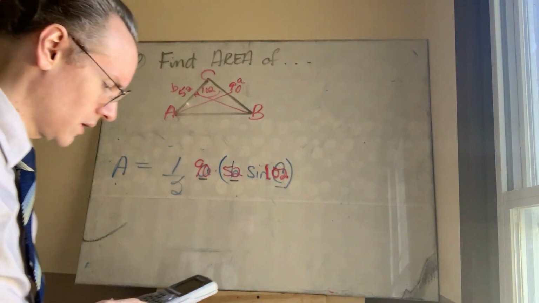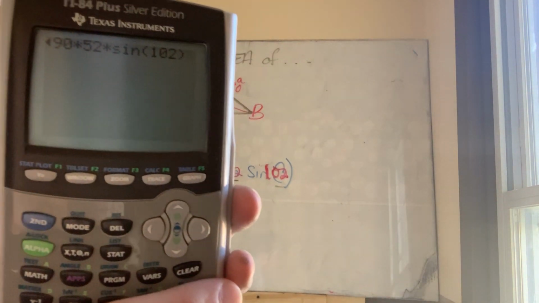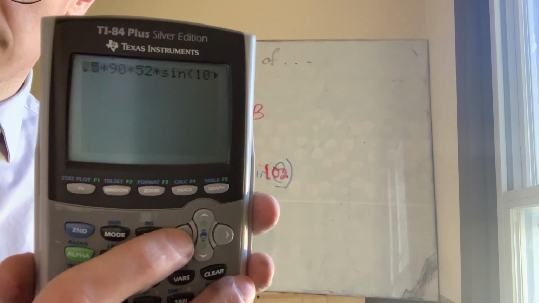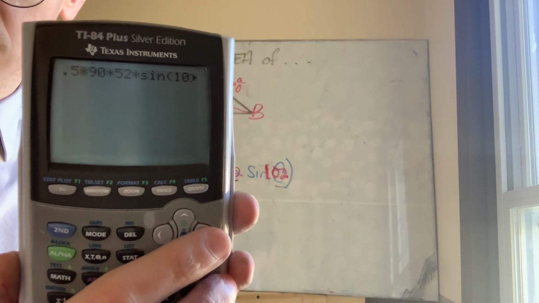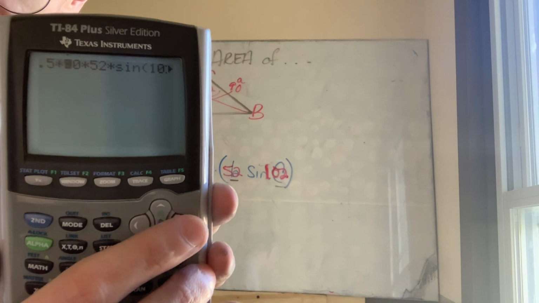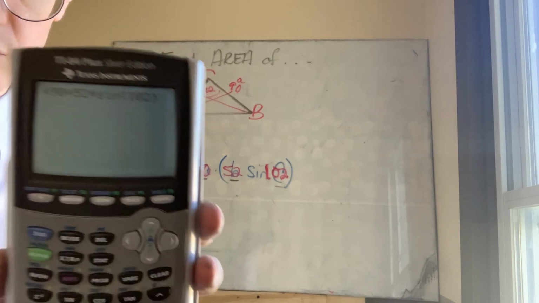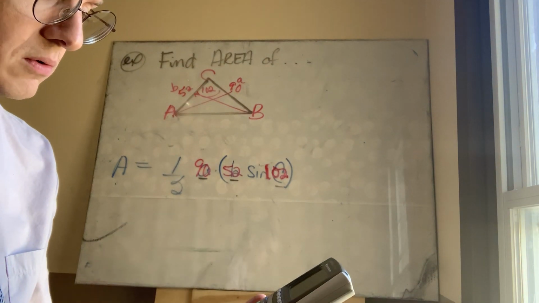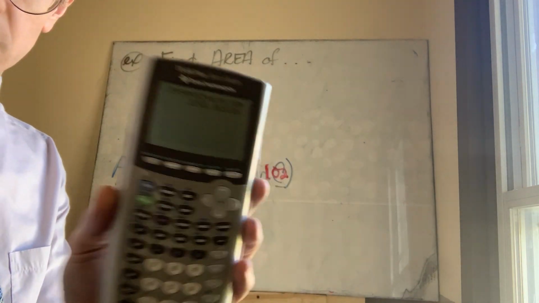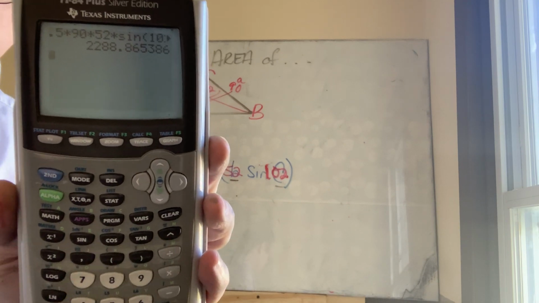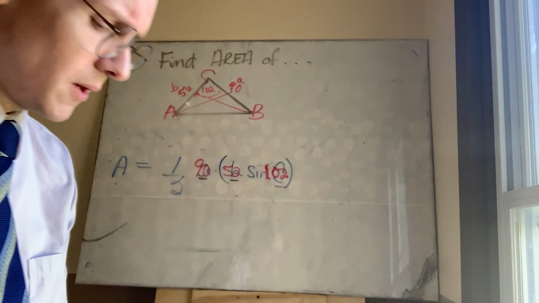You could enter it like this, which is efficient: 0.5 for 1/2, or 1/2 if you like it more stylized, and then sine of 102, the argument closed. And here we get the area, which would be 2,288.9 if you rounded it.